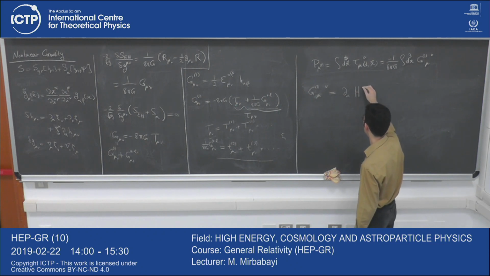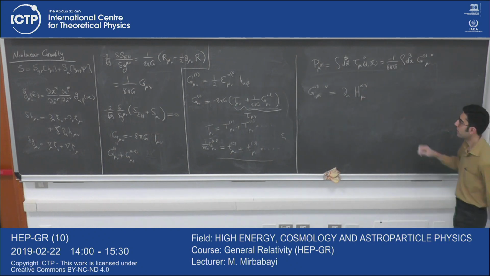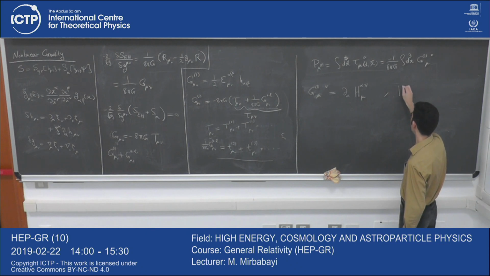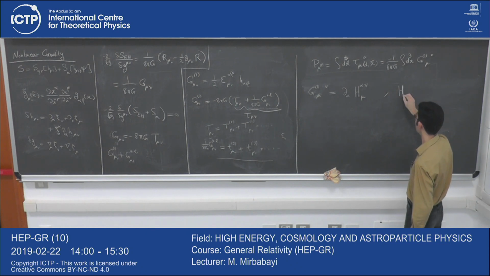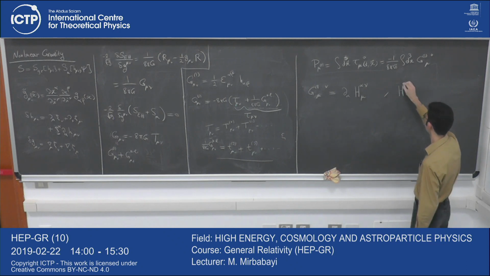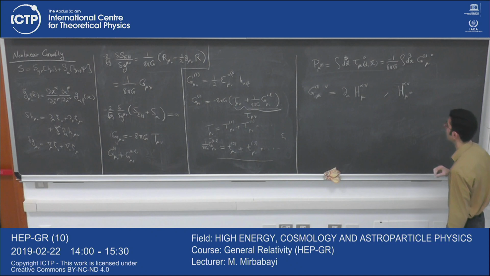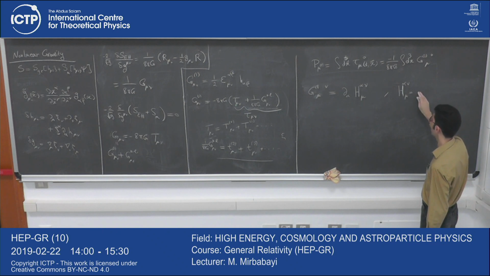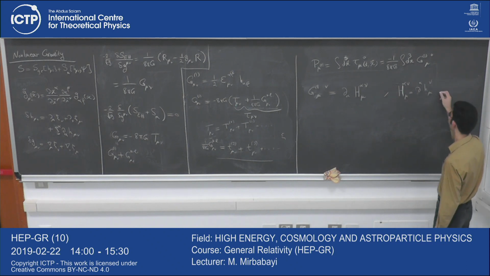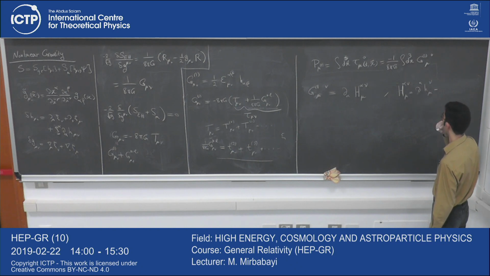I just call it H, big H, alpha nu mu, where this H alpha nu mu is antisymmetric under the exchange of alpha and nu. So how does it look like?